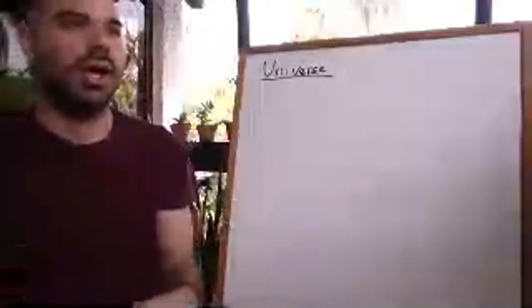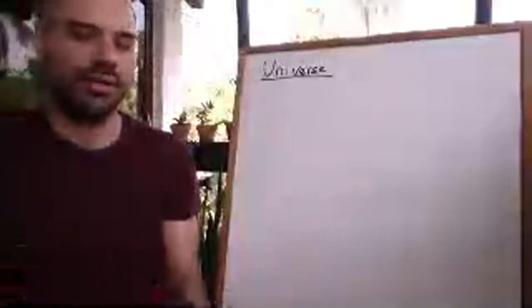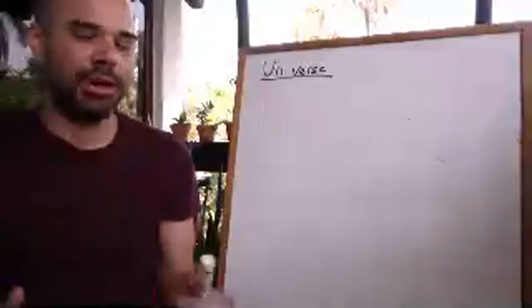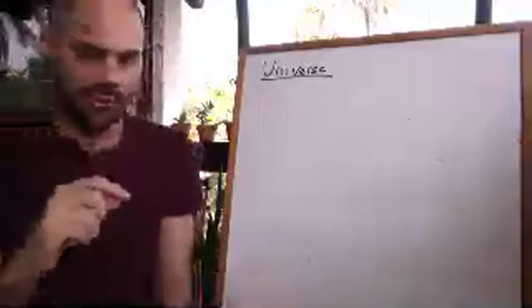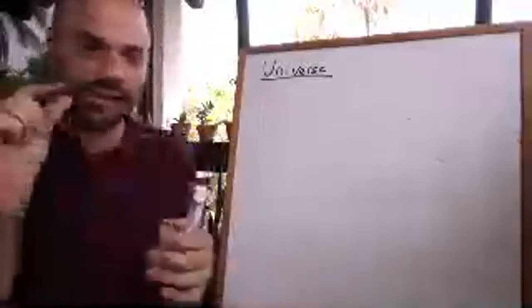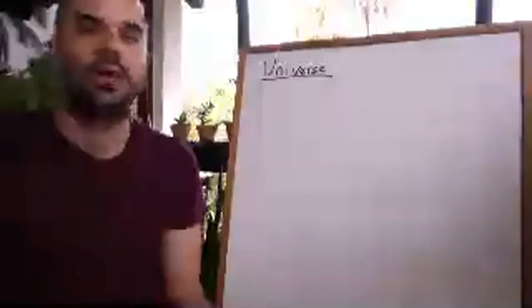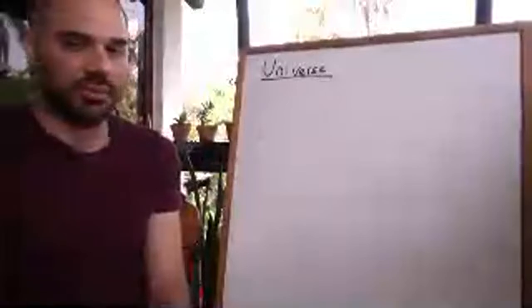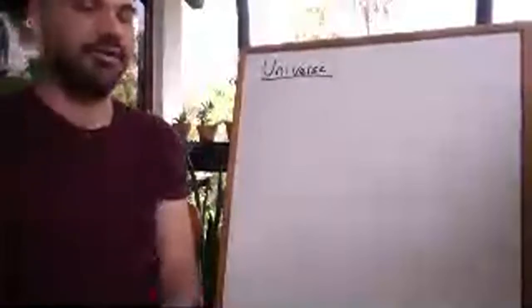It includes the very distant, the very far away, the stars and the galaxies and black holes and other galaxies, but it also includes the very small, our sizes, and even the smaller sizes up to the smallest. So the universe is everything. So basically it's pretty big, very, very big.